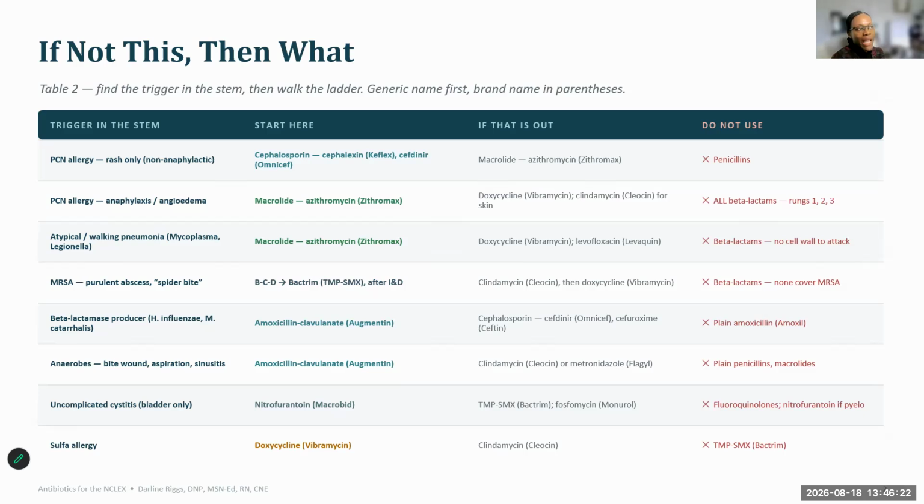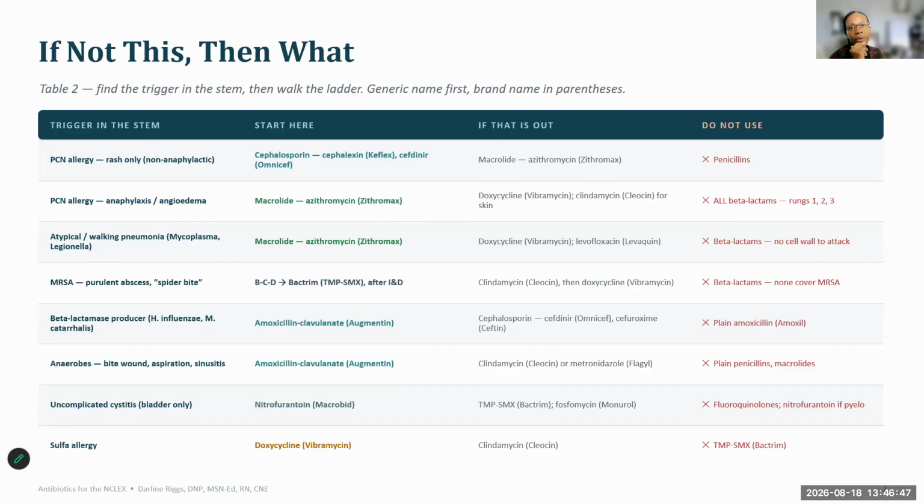Your uncomplicated cystitis, then, if it's lower, no fever, negative CVA tenderness, then you're going to go straight to your nitrofurantoin, okay? Your Macrobid. So if there's allergies, or we're dealing with a complicated UTI, then you're going to go fluoroquinolone.